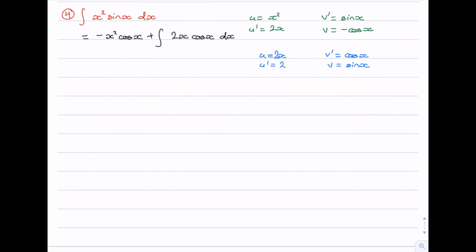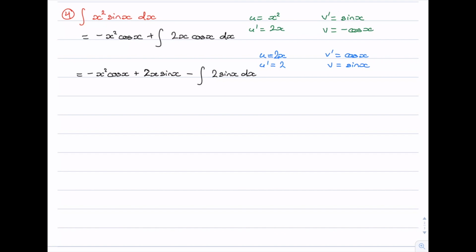So, what do we have? Well, we have minus x squared cos x. Now for this next integral, it's going to be u times v. So that's 2x times sine x, minus the integral of u dash times v, which is 2 sine x. Now this integral, we can integrate that without actually using integration by parts.